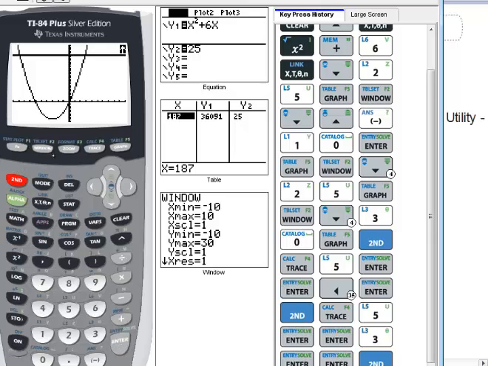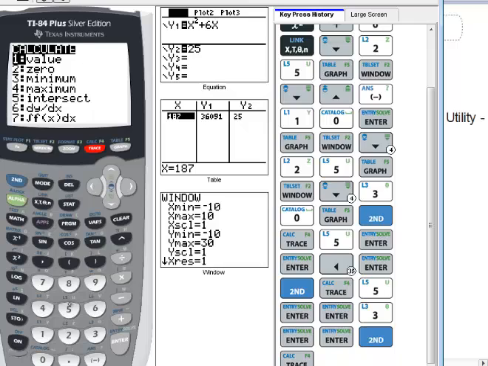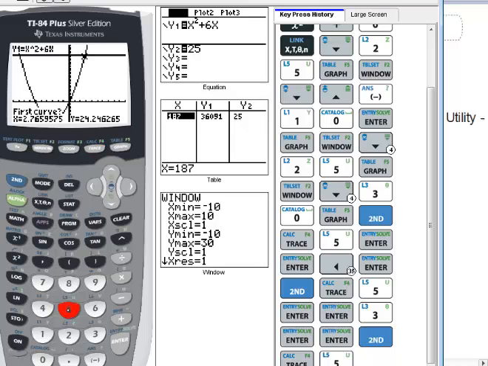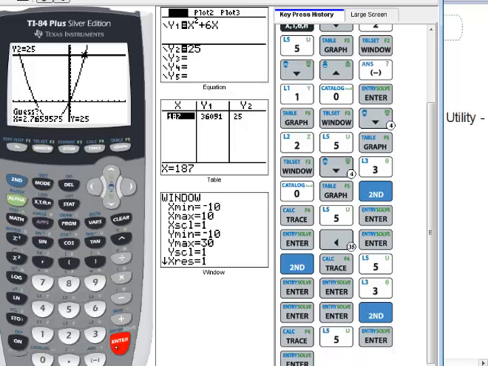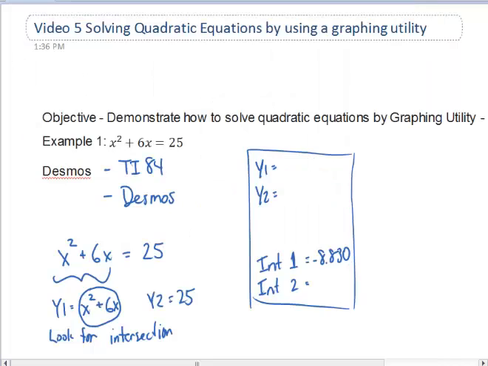Let me do that again. I'll do calculate intersection. First curve, hit enter. Second curve, hit enter. My guess, I'm going to type in 3, and I'll hit enter, and then it calculates my intersection to be 2.830. So I'll write that up.